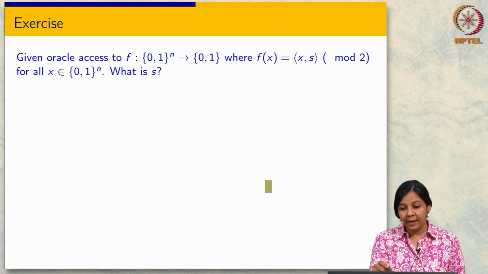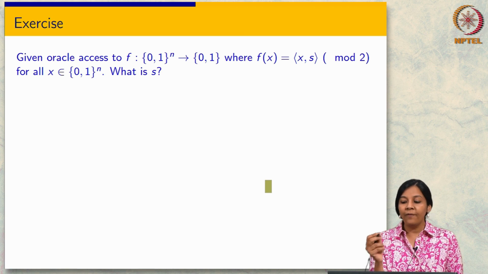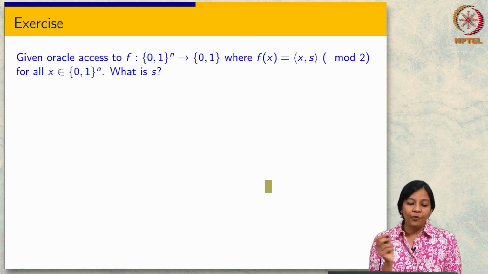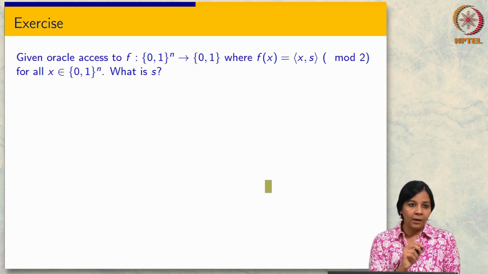This time it's an n bit input and single bit output function, and the promise that I have is that f of x is x inner product s mod 2. Okay, and this is true for all x. So for every x the function output is x inner product s mod 2.